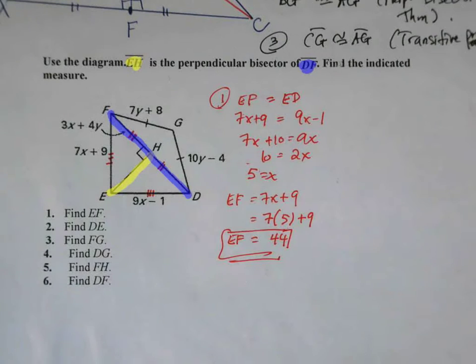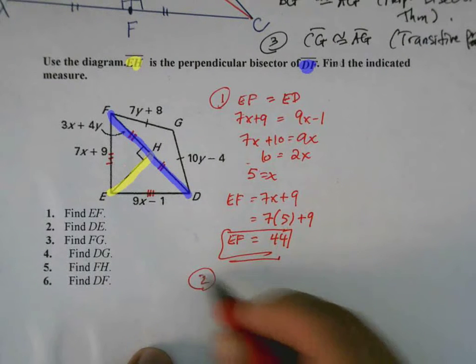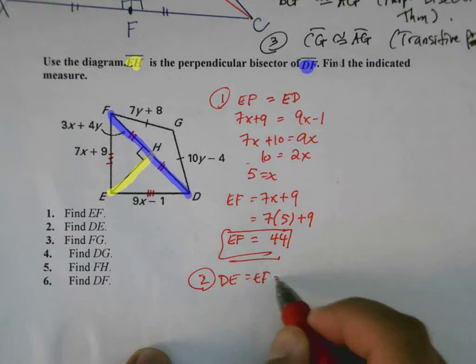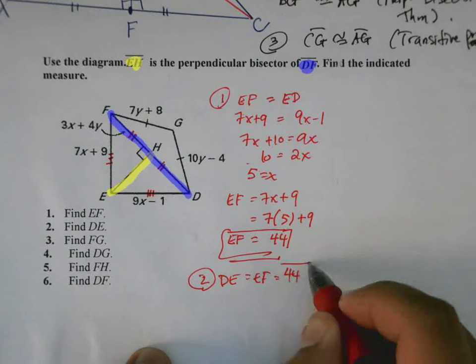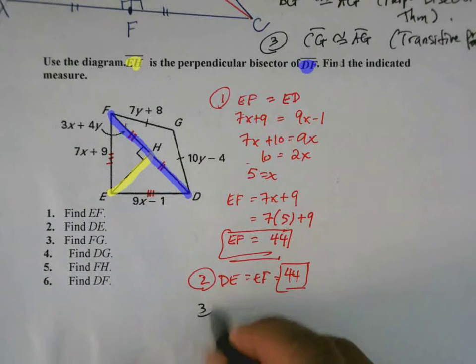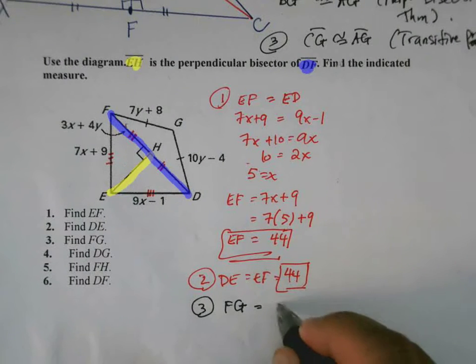Now, DE shouldn't be too difficult to do because DE is equal to EF. So EF is 44, DE is 44. Done. Next, FG. Well, one of the things that we can see from the picture here is that FG is actually equal to GD, or DG.